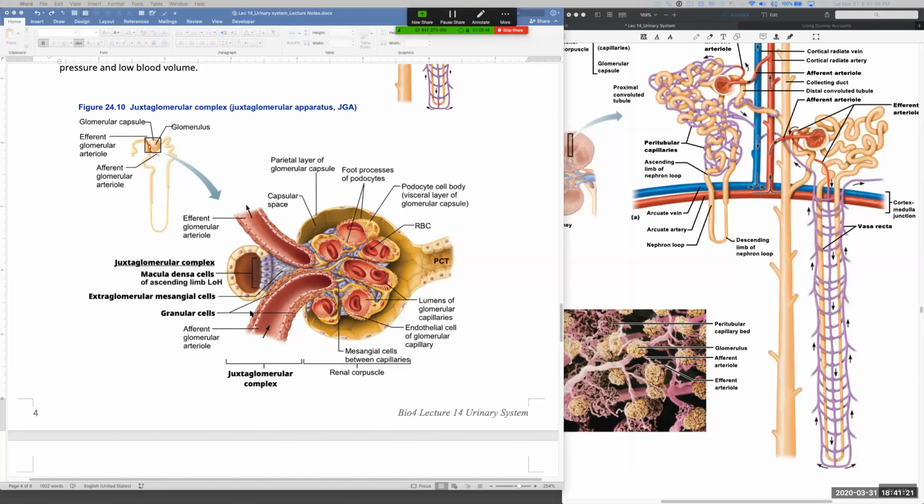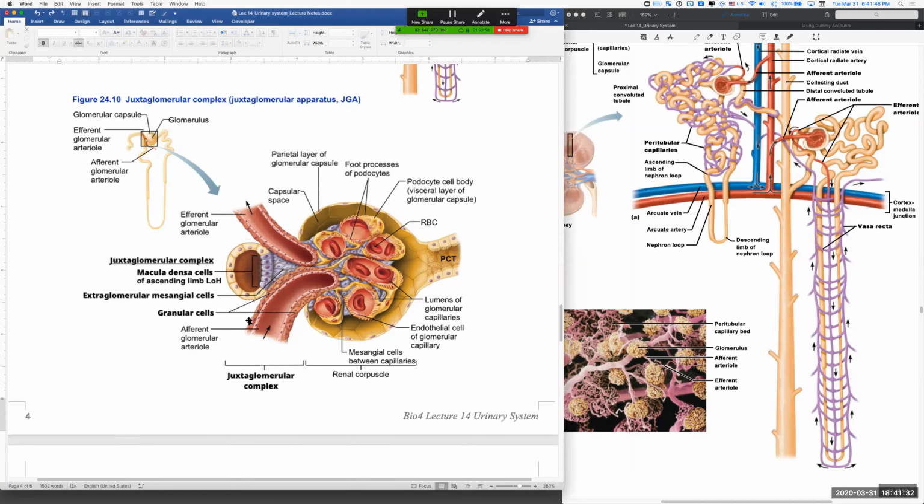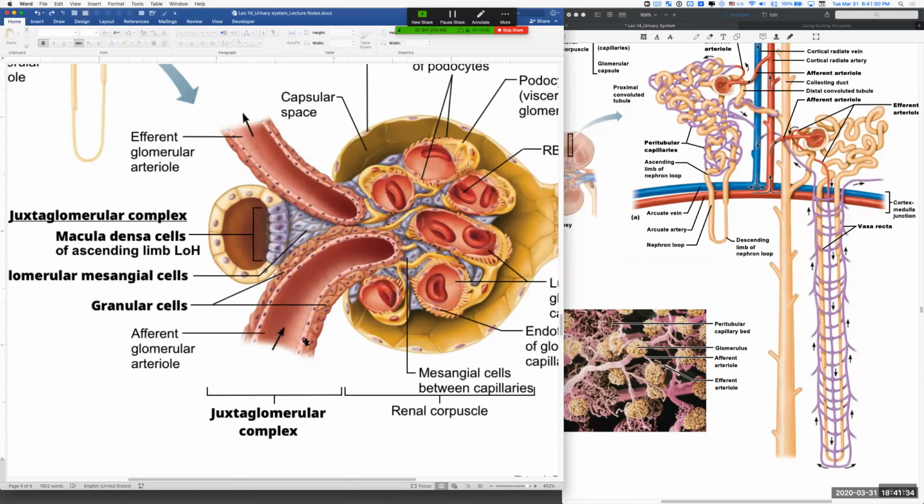I want to make a brief mention that these granular cells are specialized smooth muscle cells of the afferent arteriole. Other parts of the afferent arteriole are all lined with smooth muscle cells, but once you get here, you can see the appearance of it in the illustration. It looks different, right?